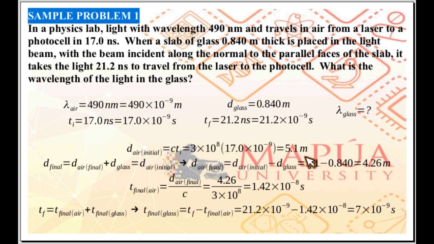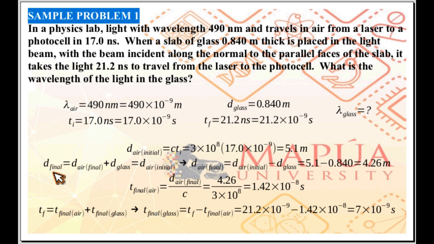5.1 meters. In the final case, we place a slab of glass 0.84 meters thick between the laser and the photocell. Thus, the final distance traveled by the light in the final case is comprised of two parts: the distance traveled by the light in air plus the distance traveled by the light in the glass slab.